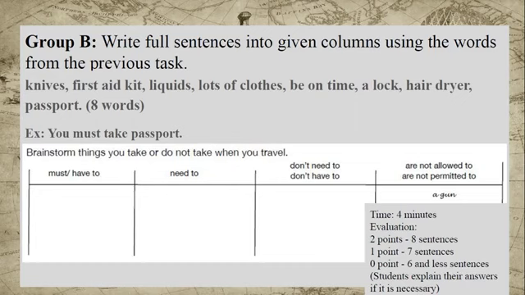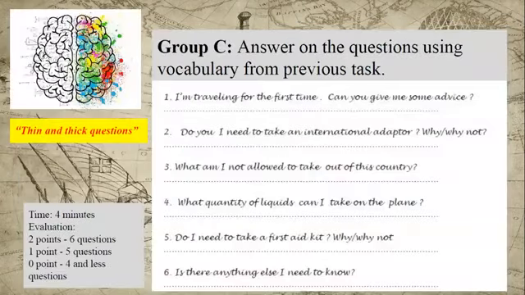There are 8 words. Time 4 minutes. The evaluation system is presented to this group. Group C should answer on the questions using vocabulary from the previous task.